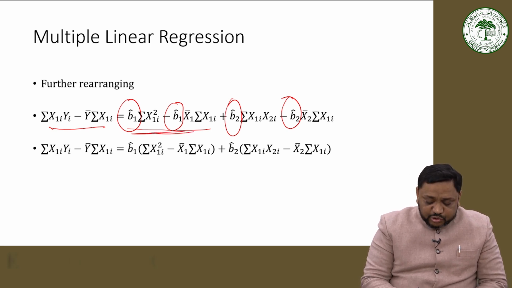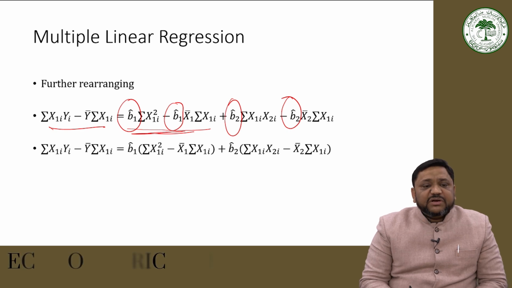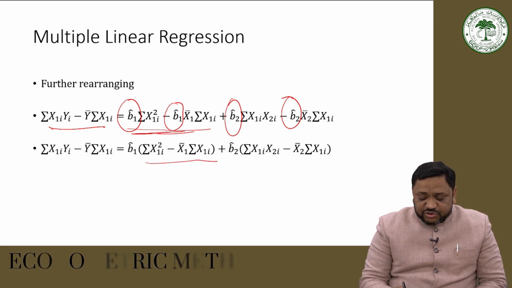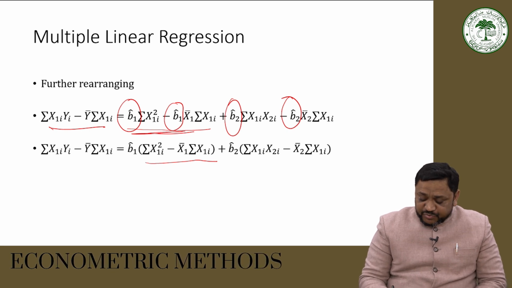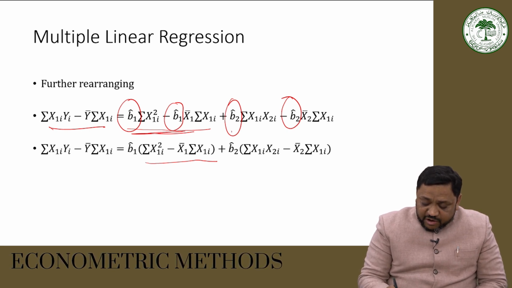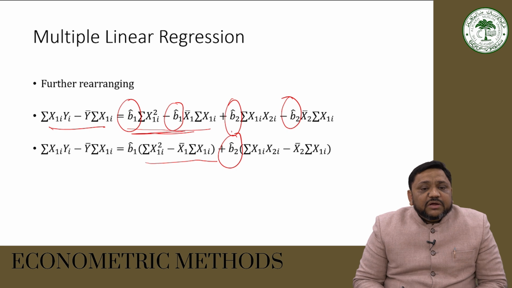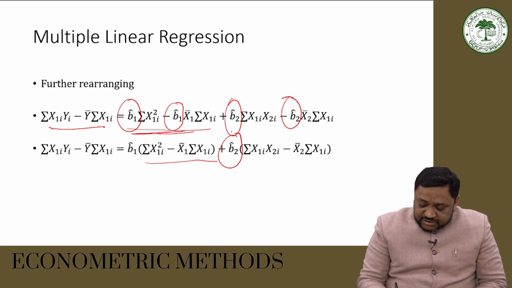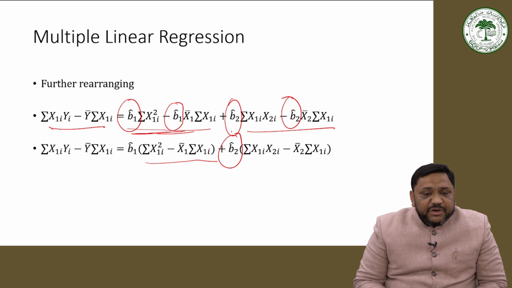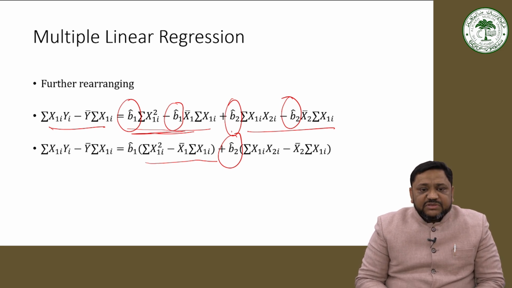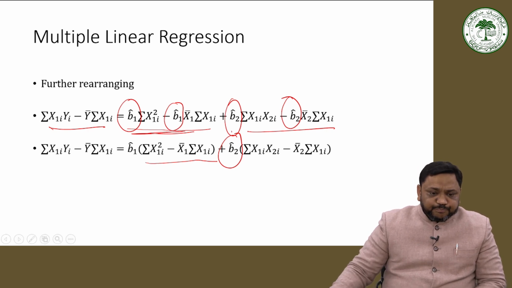It turns out to be b1 hat bracket open summation x1 square minus x1 bar summation x1i. Then we take b2 hat common, so these two terms can be written as b2 hat bracket open summation x1i x2i minus x2 bar summation x1i.